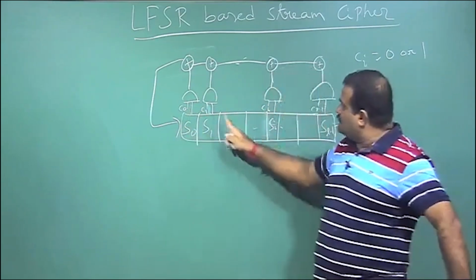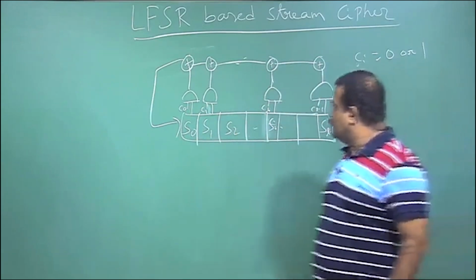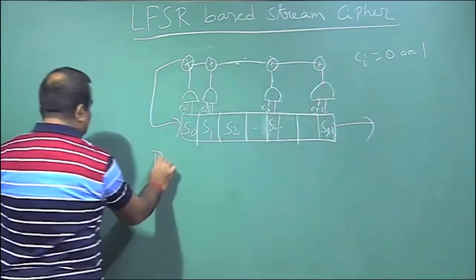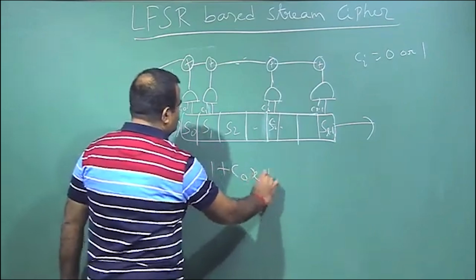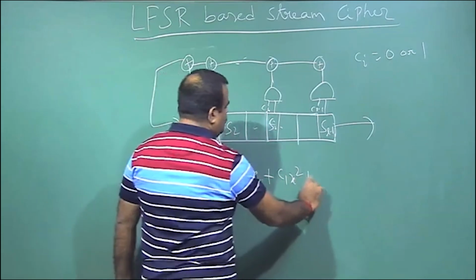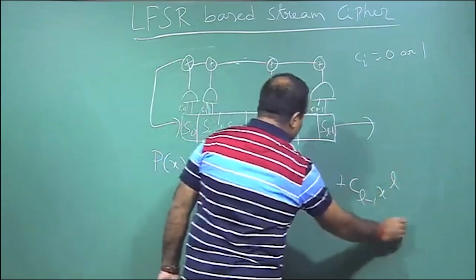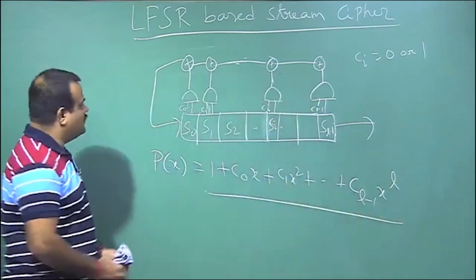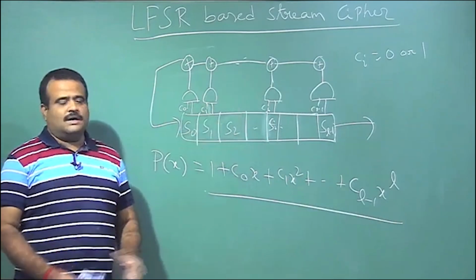If Ci is 1, then it will contribute in the feedback. This corresponds to a polynomial P(x) equal to 1 plus C0 x plus C1 x square up to C(L minus 1) x to the power L. So, this is an L degree polynomial. Depending on the values of Ci, we have this polynomial.